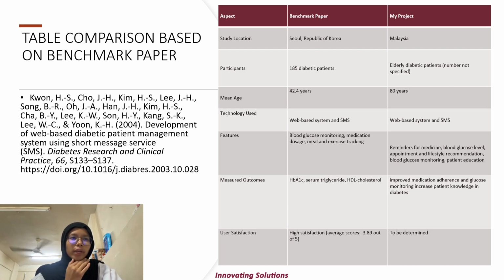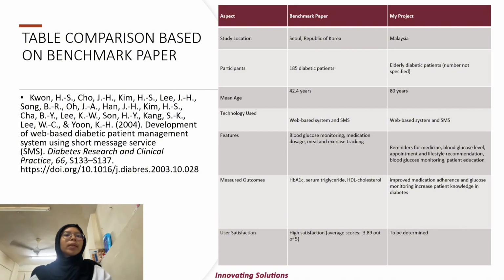Okay, so next we're going for the table comparison based on the benchmark paper and my project. My benchmark paper is by Kon HS, Cho JH, Kim HS. The title of the paper is Development of Web-based Diabetic Patient Management System using Short Message Service. So I have a few aspects to differentiate between my benchmark paper and my project.